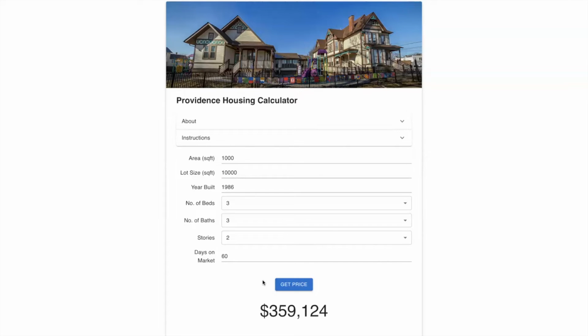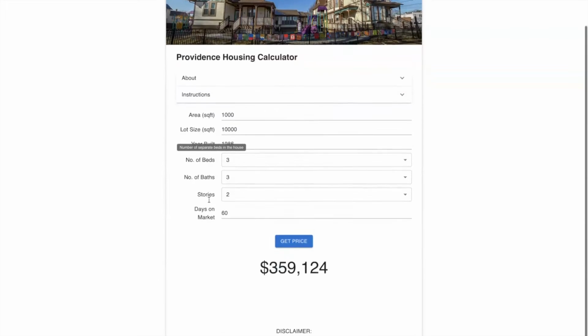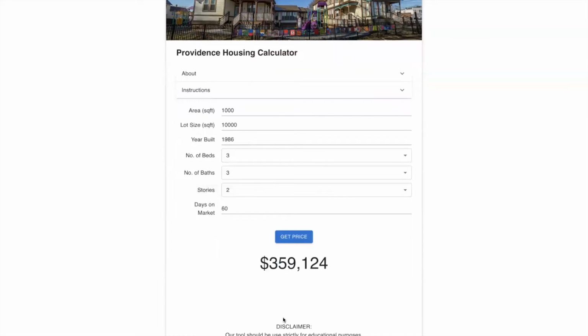This tool not only gives people a rough estimate of what kind of house with these attributes would cost in the Providence area, but also shows the relationship between the housing price and all of these attributes that we have. We do put a disclaimer at the bottom saying it is strictly for educational purposes and not for financial advice, in case anyone mistakes this for real housing data, because it is, after all, just a predictor.